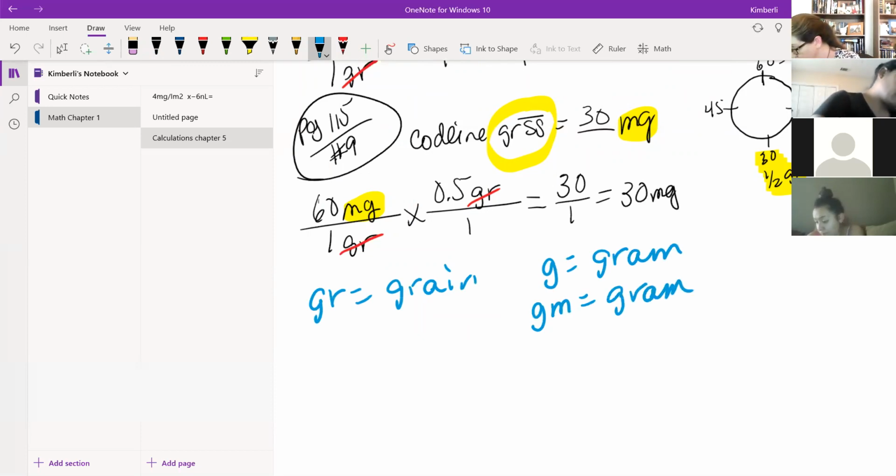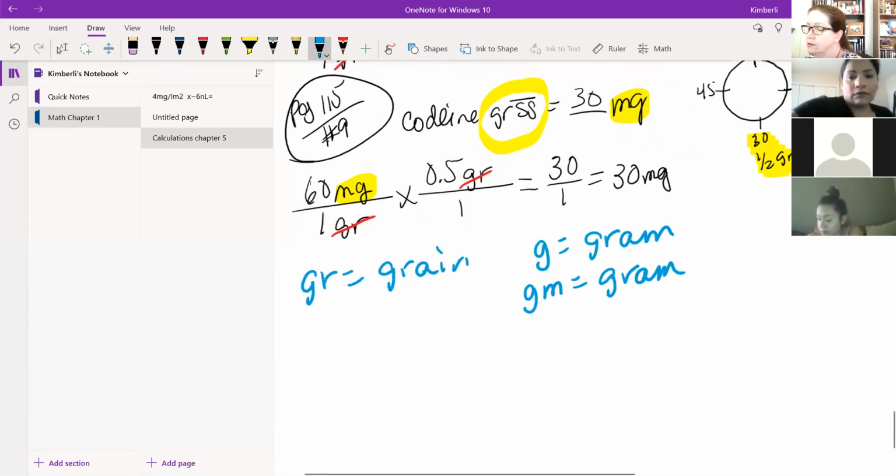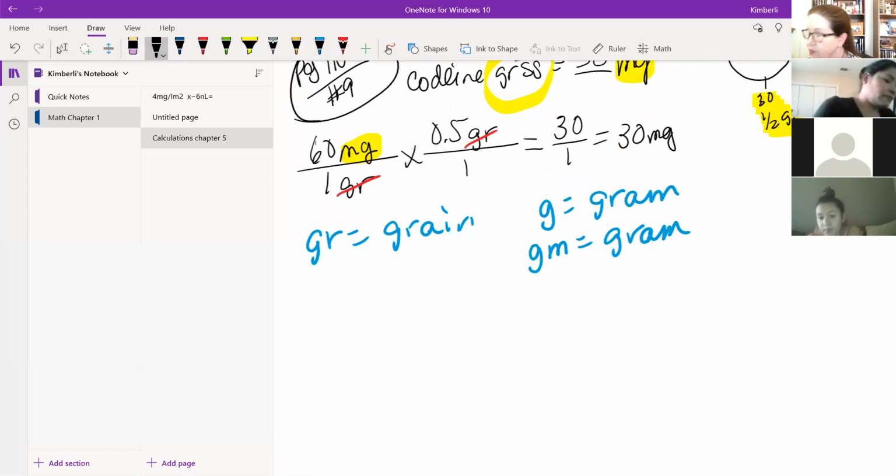Okay, so when we're looking at number 6, we're going from grains to gram. All right, so we want to be careful with that. We don't want to get those confused. Is that making sense?